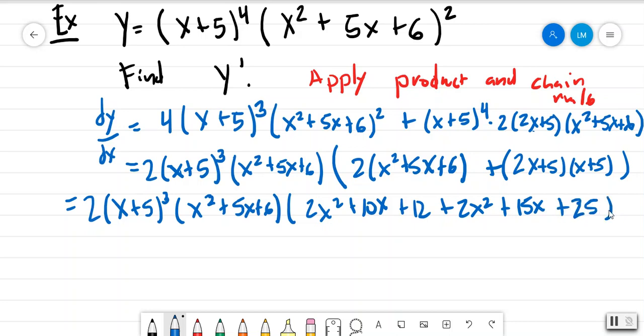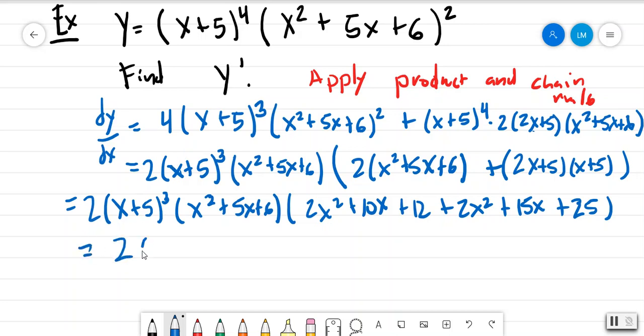Okay, so I got that by FOILing: that gave me 2x squared plus 10x, then that gave me 5x, which is 10x, plus 25. So now we have to go through the process of reducing this as best as possible.